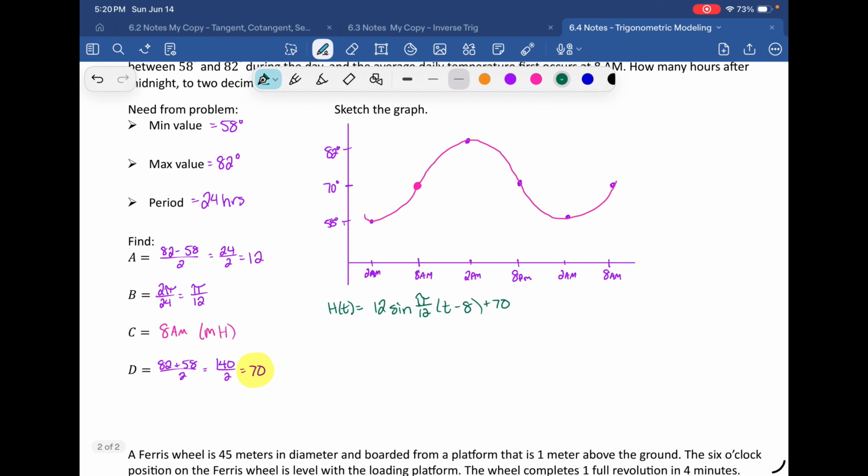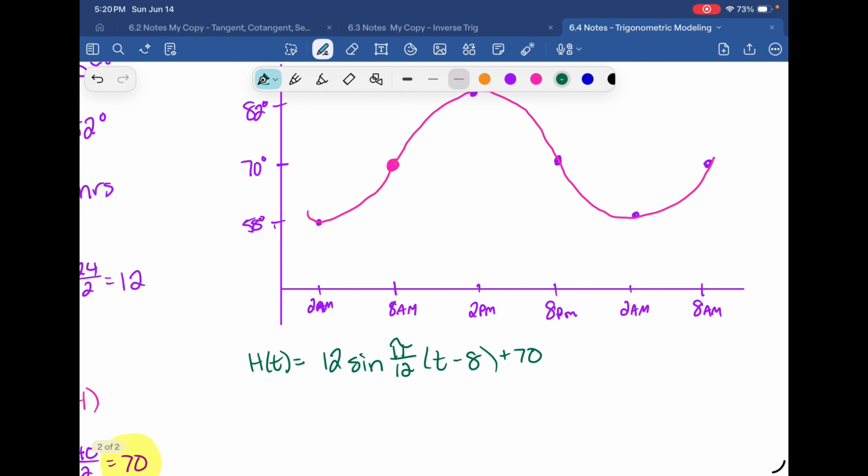Sorry about my dog. 64 is somewhere between 58 and 70 degrees. So I'm somewhere in here. And it's asking when it first hits that temperature. So I want that time right there.